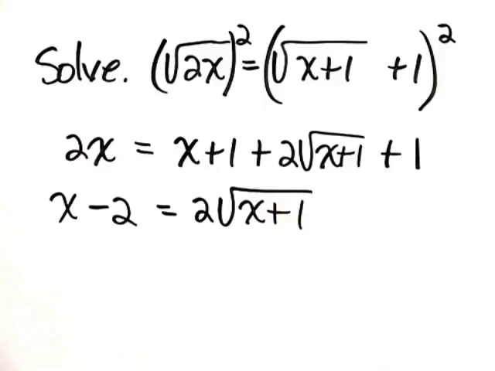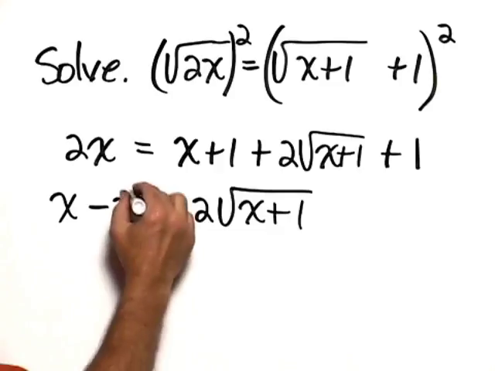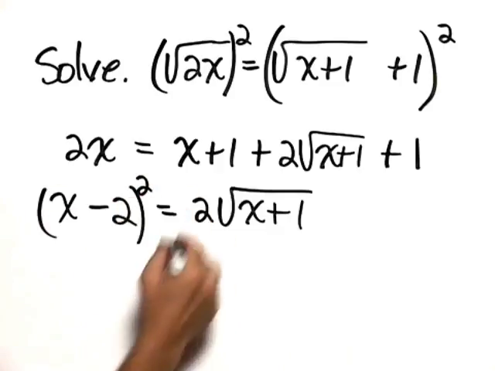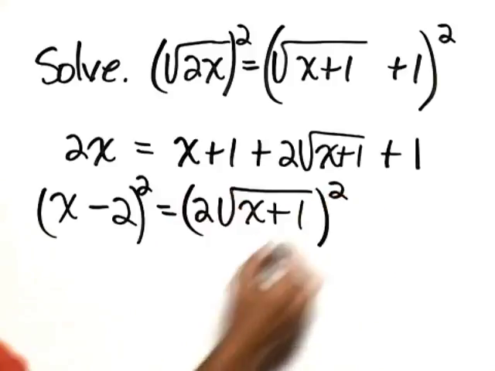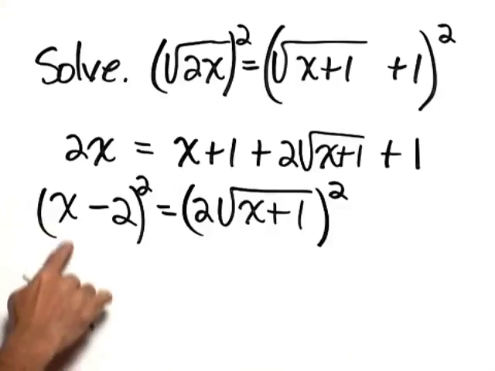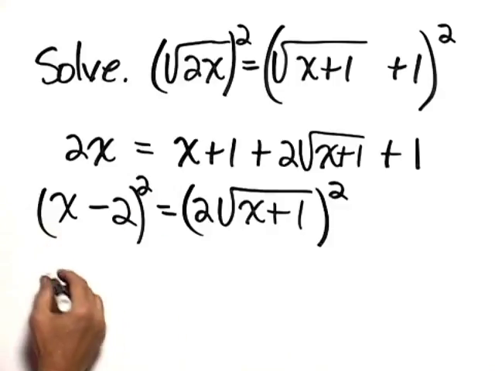Now we square both sides again. So we have the quantity x minus 2 squared and the quantity 2 times the square root of x plus 1 squared. On the left-hand side, it's a binomial squared.